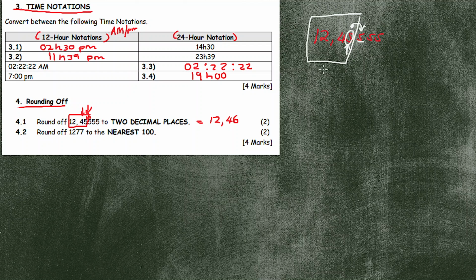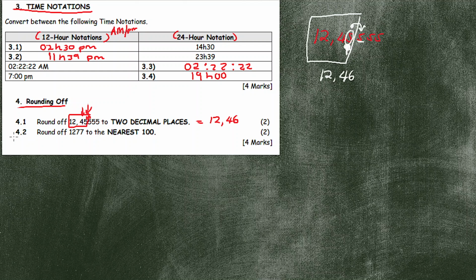So it's going to be 12.46. If the number after this 5 was less than 5, maybe 4, 3, 2, we were not going to round up. Instead, we were going to round down, meaning that it was going to remain 12.45.